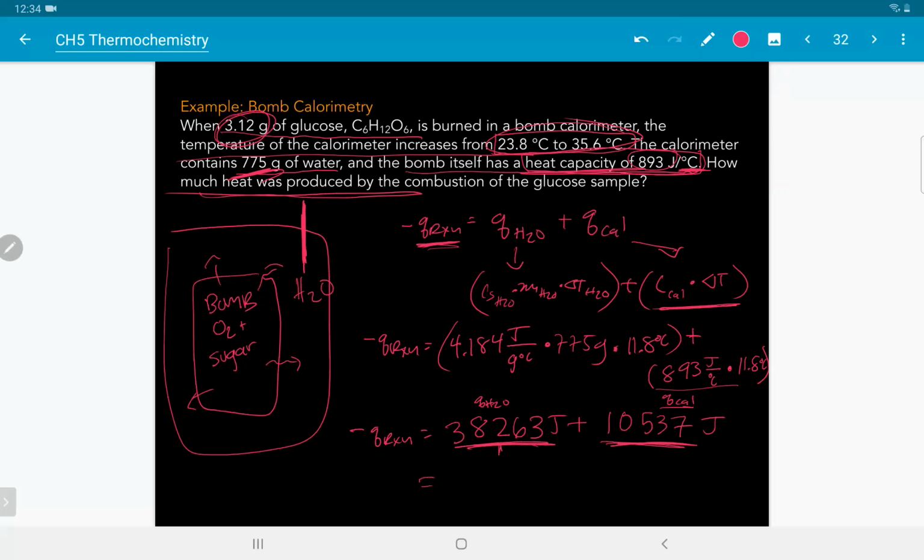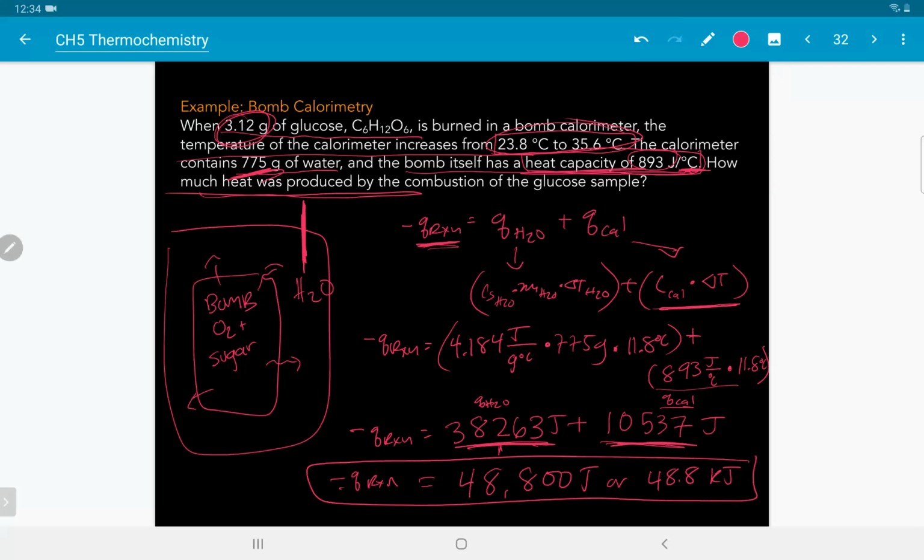So to find the total Q of the reaction, how much heat was given off, it's going to be the sum of how much the water absorbed and how much the bomb calorimeter itself absorbed. So we add those two numbers: 38,263 plus 10,537, and we get, how many sig figs do I need at the end of the day? 48,800 joules, or you could call that 48.8 kilojoules.